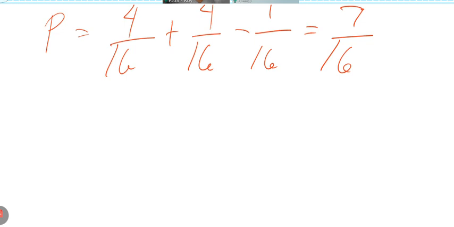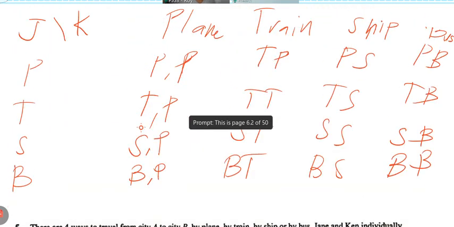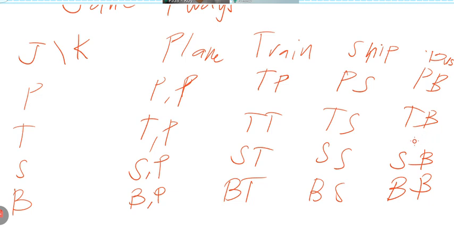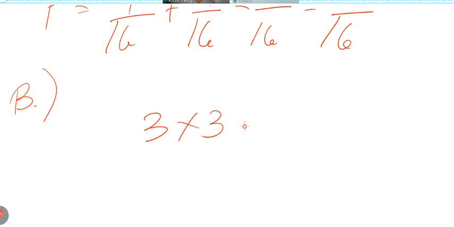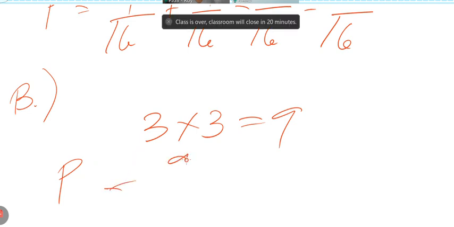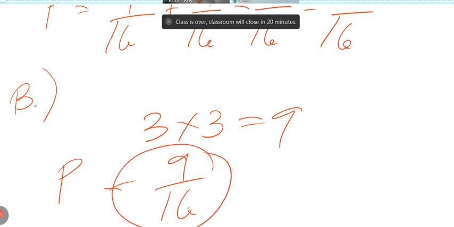Looking at the table, for Jane and Ken, the remaining options are train, ship and bus, so we have 3 of them each. That's 3 times 3 equals 9, and the probability is 9 over 16. So that would be the answer.